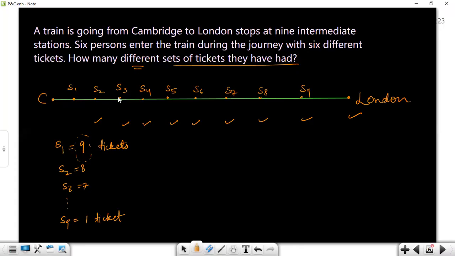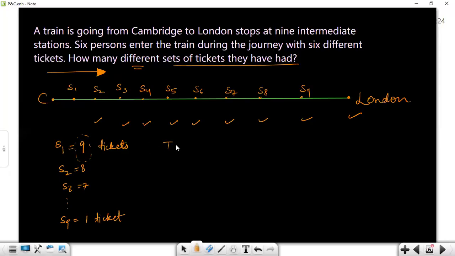You can buy any ticket from any station. Of course, if the train is going in this direction, you can only buy a ticket for the next stations, not for the previous station. That is for sure. So it's an independent event. It's not dependent on which ticket is bought from the previous station, right? So it's an independent event.